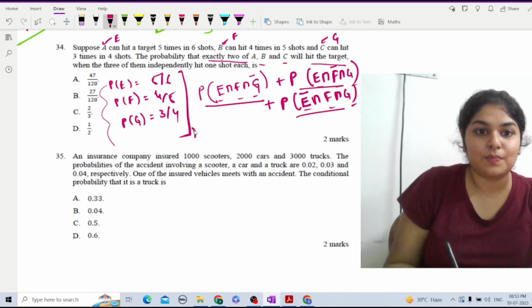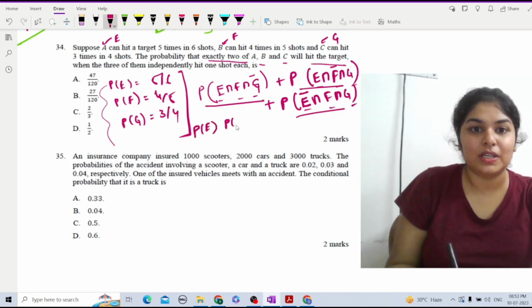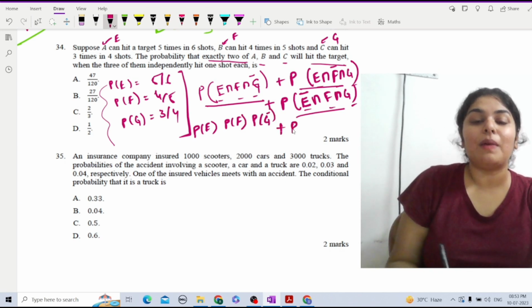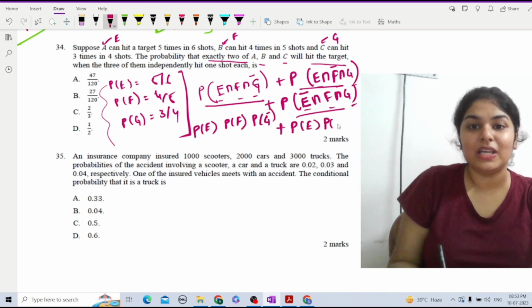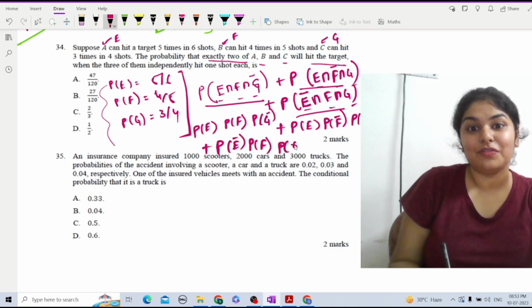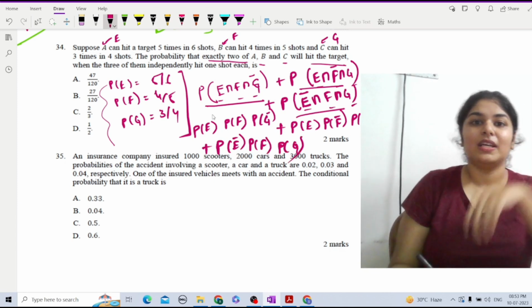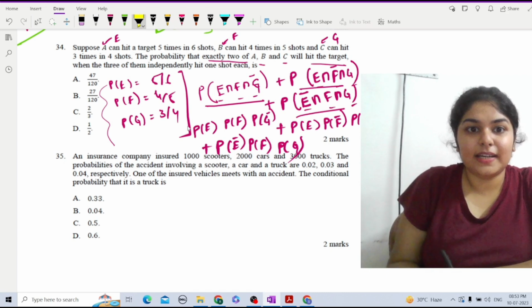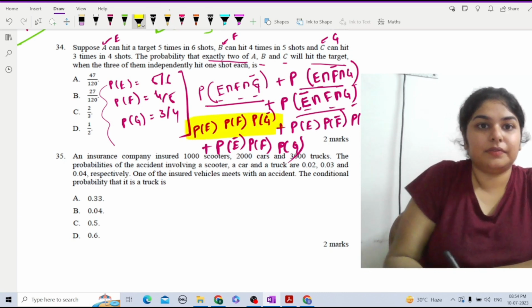That is probability of E into probability of F into probability of G complement, plus probability of E into probability of F complement into probability of G, plus probability of E complement into probability of F into probability of G.